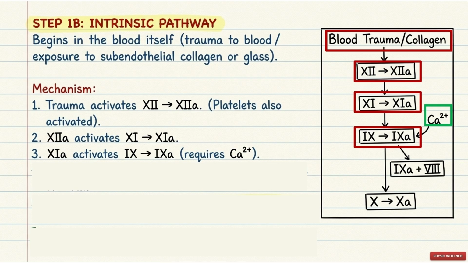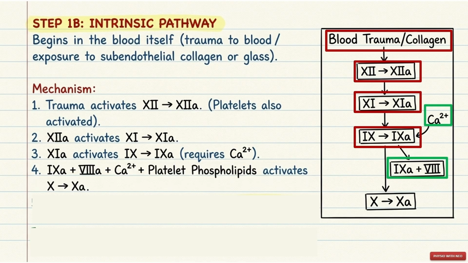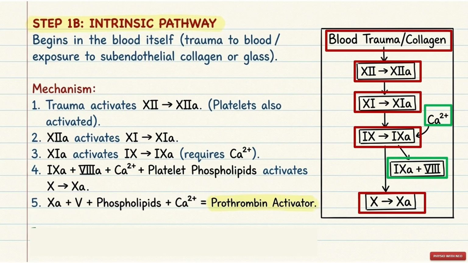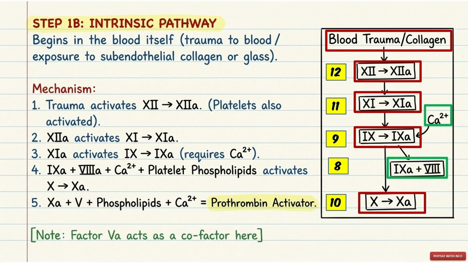Now this factor 9A along with factor 8A and calcium and platelet phospholipid activates factor 10 to 10A. All of us know that factor 10A along with factor 5, phospholipid and calcium forms the prothrombin activator. Remember these factors, factor 12, 11, 9, 8 and 10. Here which factor acts as a cofactor? Factor 5A acts as a cofactor here.